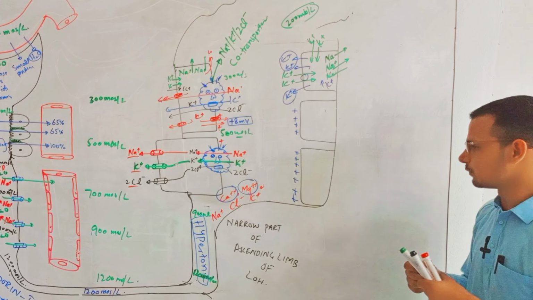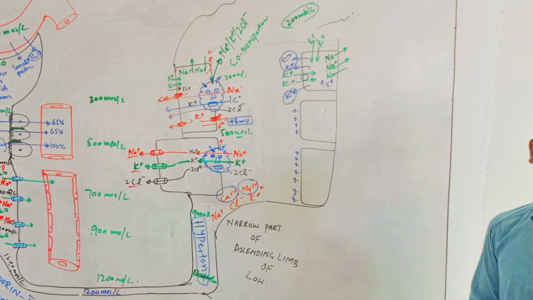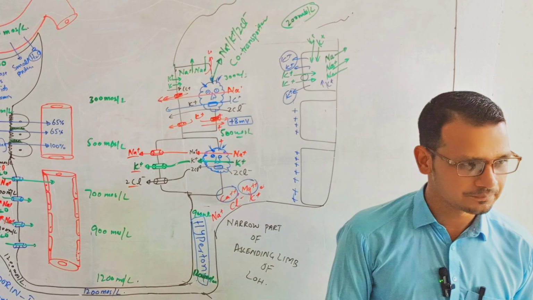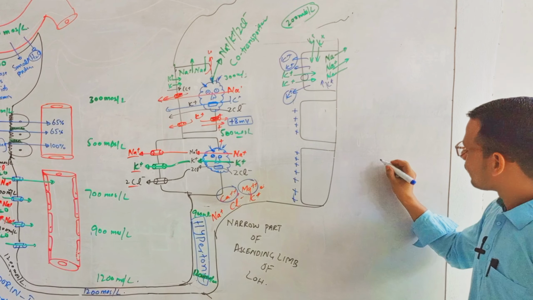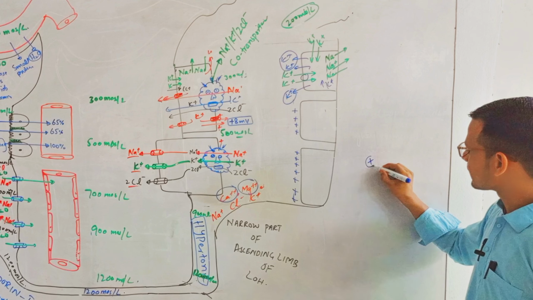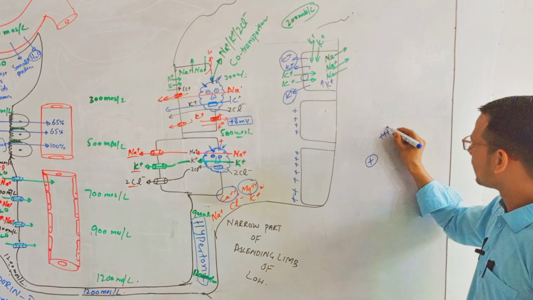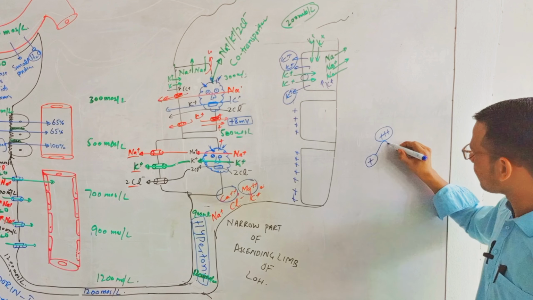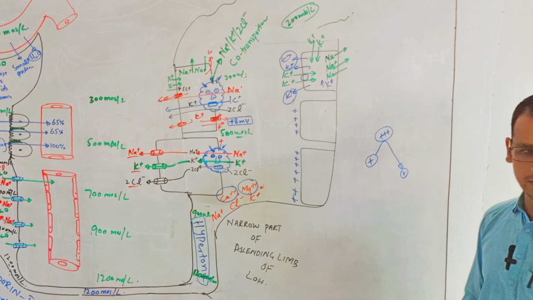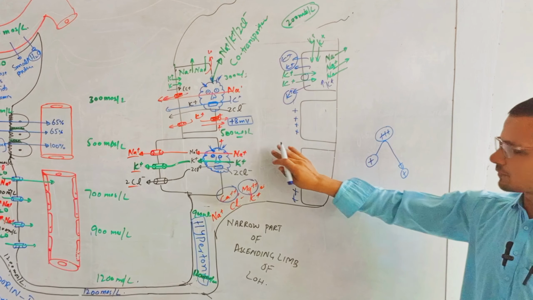Now come to physics. What is the effect of same charges on each other? Repelling. So for example, here is positively charged and here is also a very high positive charge, and when this positive charge comes here, it will be repelled. The same mechanism occurs here.